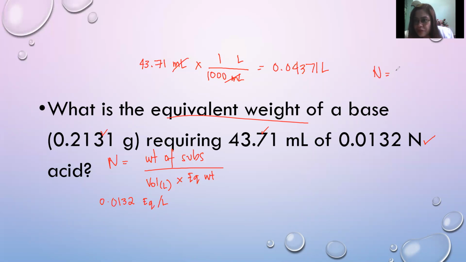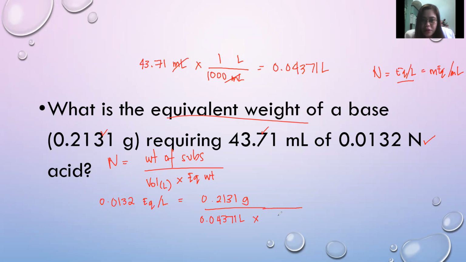Capital letter N is equivalent to equivalent per liter, or it can also be MEQ per ml. Since we are looking for the equivalent weight, we will be using equivalent per liter, again, so that it cancels. And then, let's substitute the weight of the substance, 0.2131 grams. The volume, we converted into liters, so we have 0.04371 liters times the equivalent weight, which is what we are looking for.